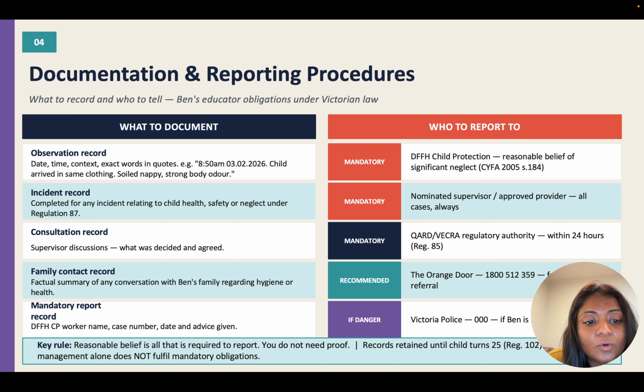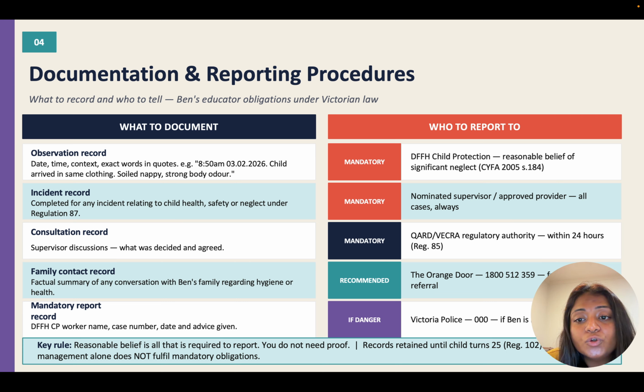On the other hand, we can also keep records of family contact and a factual summary of any conversation with Ben's family regarding hygiene or health. Also we can keep records of a mandatory report if we have done a report towards DFFH Child Protection with the worker's name, case number, date, and advice given.